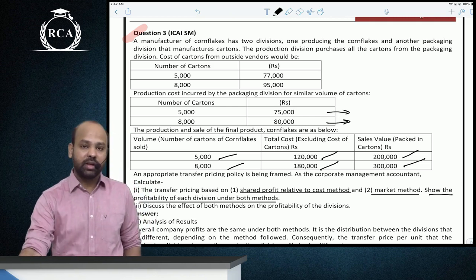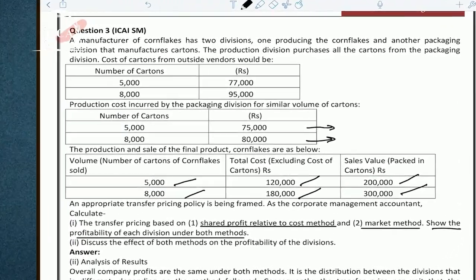I have read the question. I would want you to read the question. I will wait for 2 minutes. This is the very first question.